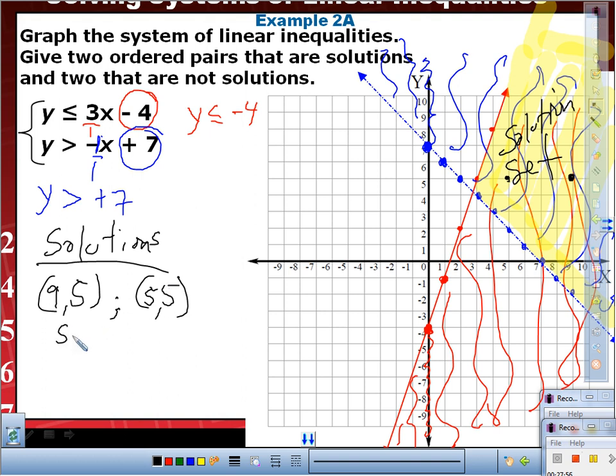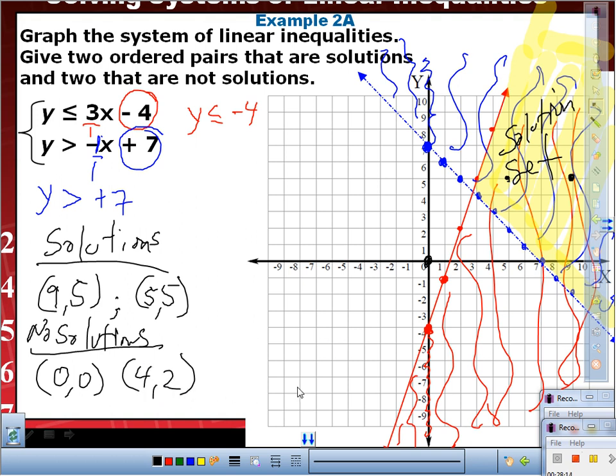I need two that are not solutions. Emma. 0, 0. Let's see. That's not a solution. Very good. Denise. 4, 2. Look at this one. Do you guys agree that that's not a solution to the system?